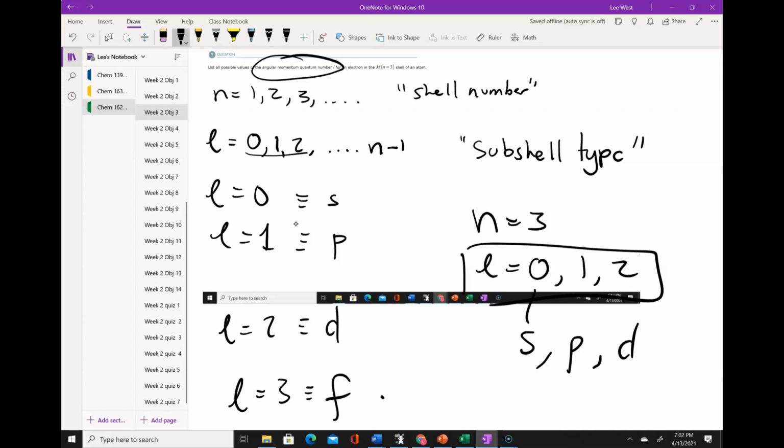We know that for an atom in the third row of the periodic table, because remember the shell number is equal to the period number, for atoms in the third row or beyond, they can have an s, p, and a d, and we know that to be correct. So the three values there: 0, 1, and 2.